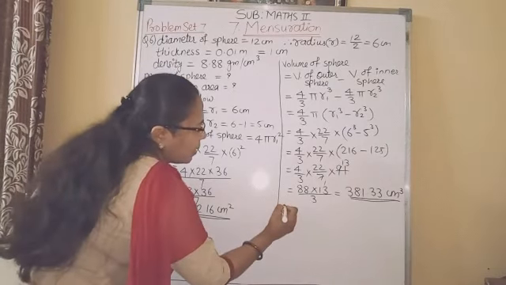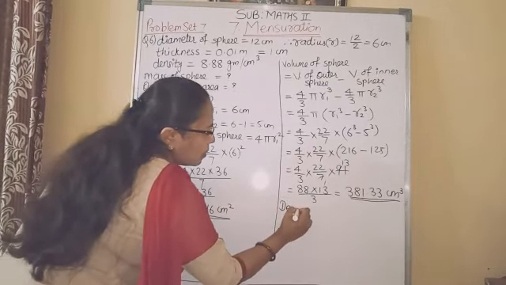Now use density formula. Density is equal to mass upon volume. And therefore mass is equal to density multiplied by volume. Therefore mass equal to, density is given in the question 8.88 and volume we calculated 381.33.